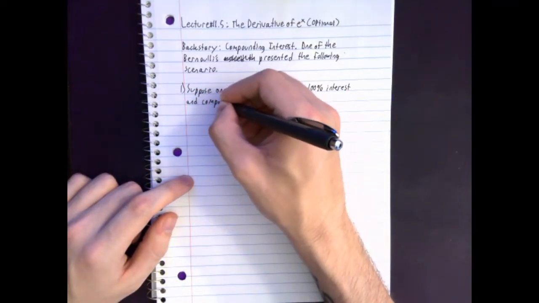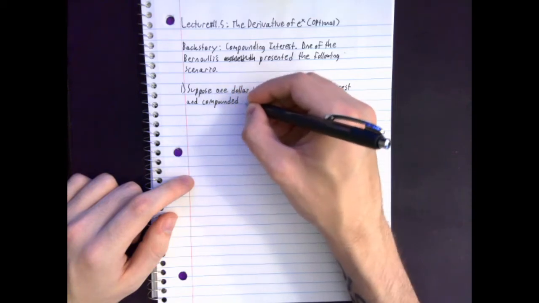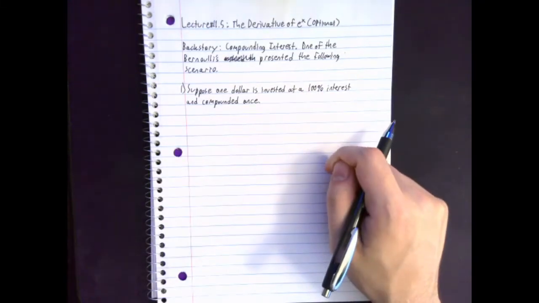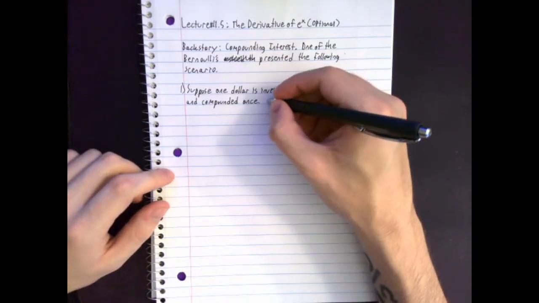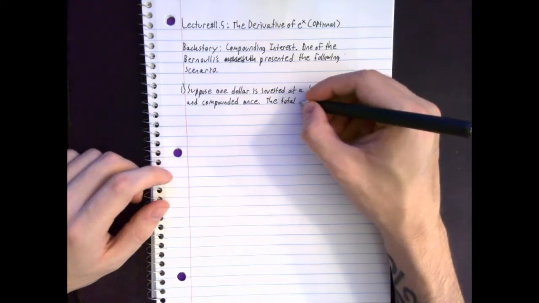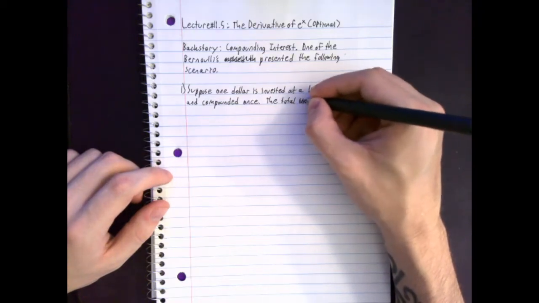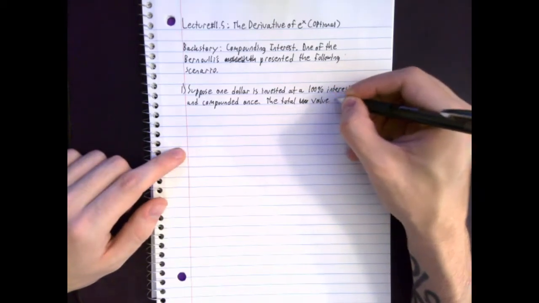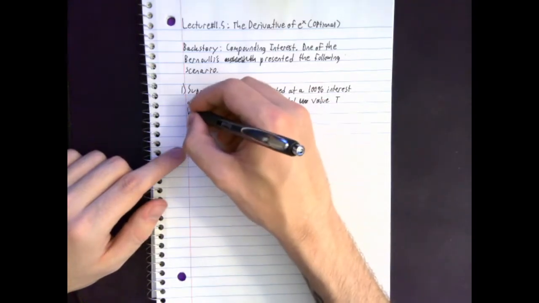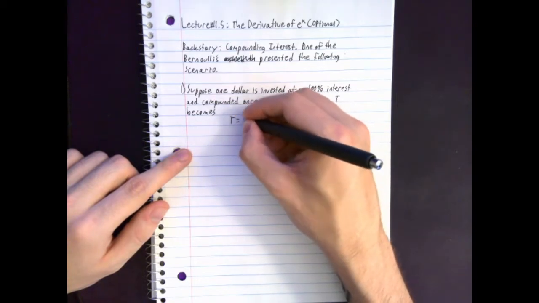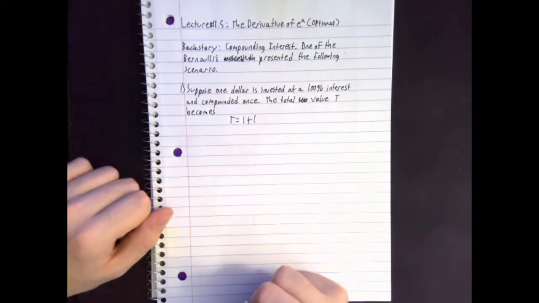suppose $1 is invested at 100% interest and compounded once. So that is, I'm going to take the amount of money in there, multiply it by 100%, and add that to your total. So the total investment, or total value, we'll just call it T, becomes, well, T is equal to 1, and then I add 1.